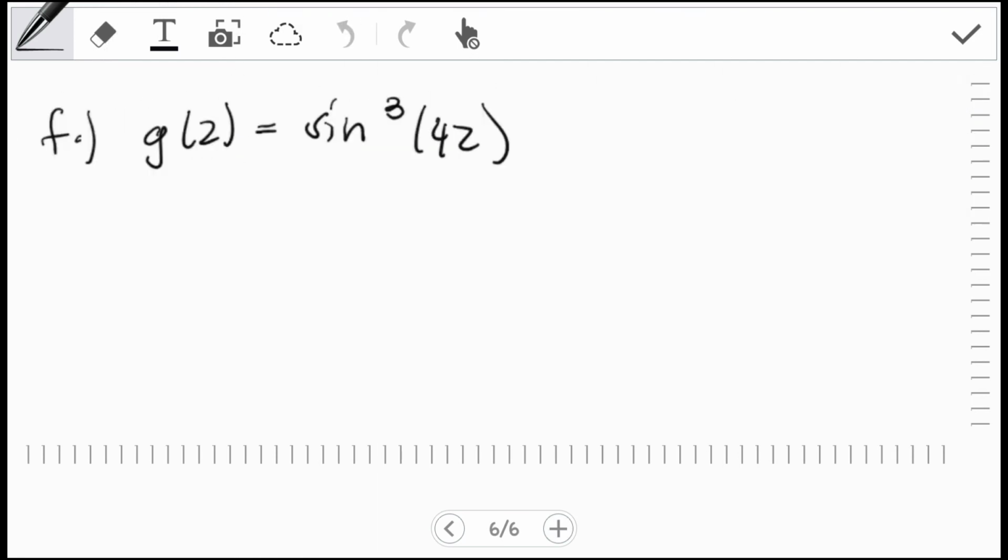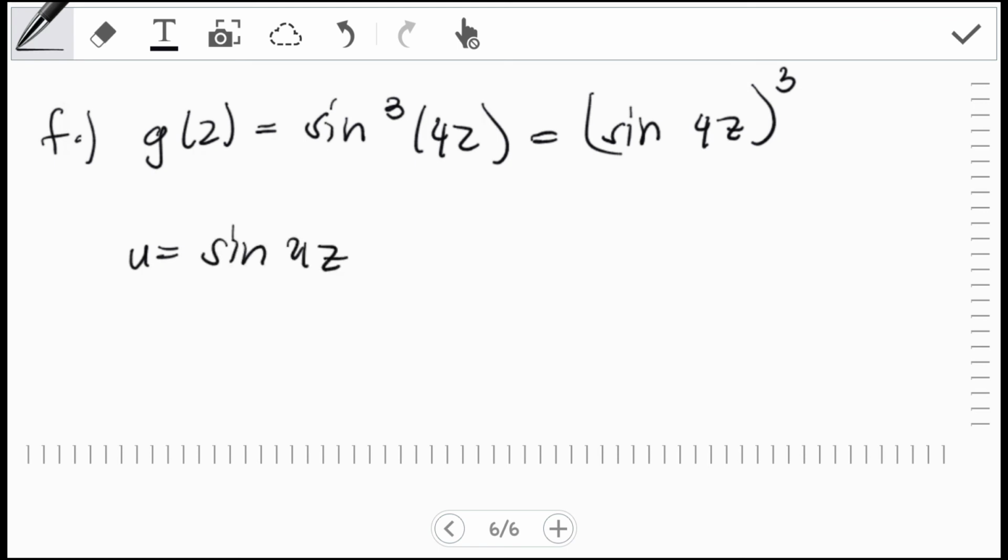So next, what is the first derivative of g of z equals sine 4z to the power 3? Okay, so we can rewrite it like this, sine 4z, then we have an exponent of 3. So let u be sine 4z.